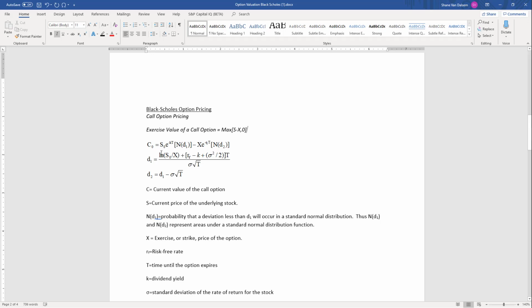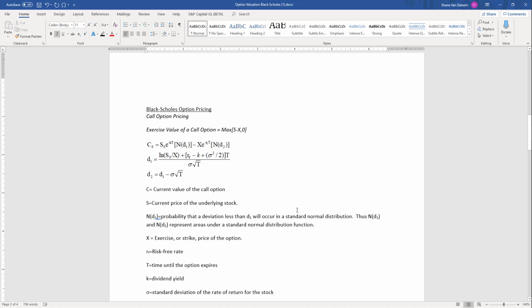So if you take a look at this and strip out all the other stuff here, you have S here, minus X here. So the value of the call is equal to the stock price today, and then this K is the dividend yield, so the dividend yield discounted back to today multiplied by ND1. And ND1 is a probability that we're going to get from D1, these calculations below.